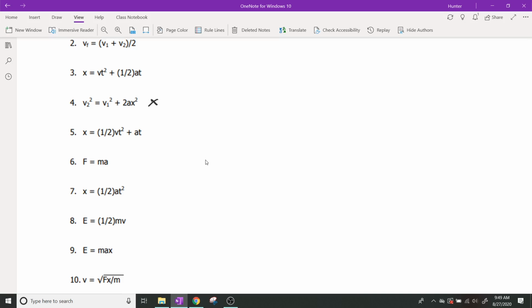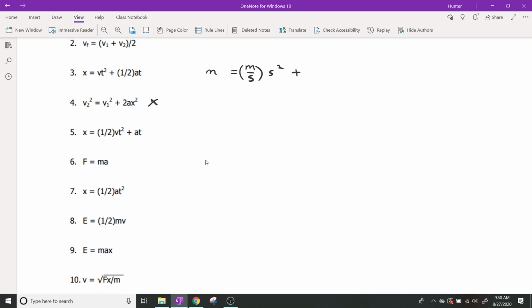Okay. So X is for displacement, right? Which means that displacement is in meters. So I'm just going to write down meters on the left side. V and T squared. Velocity is meters per second for our units, so I'm just going to write down the unit. I'm going to ignore everything else. The T squared is seconds, so I'm going to write seconds squared.